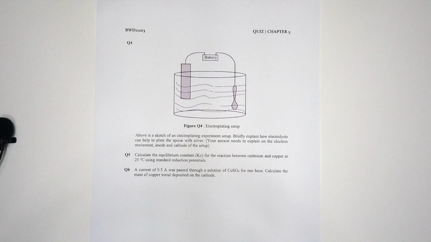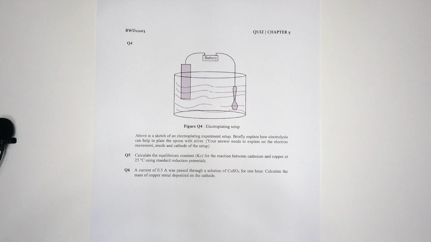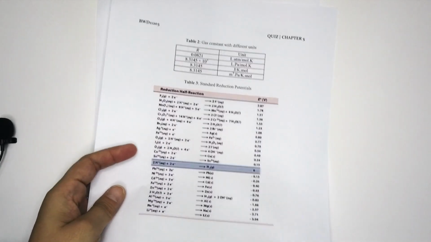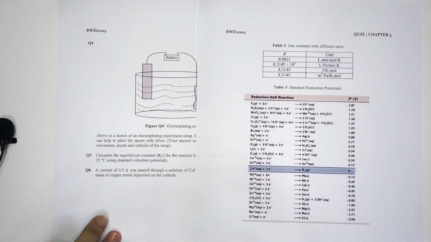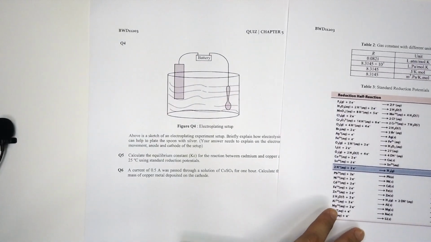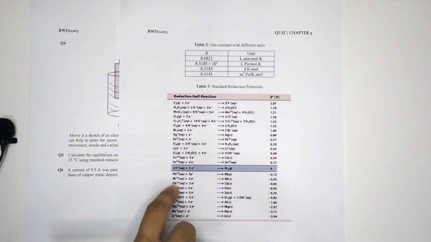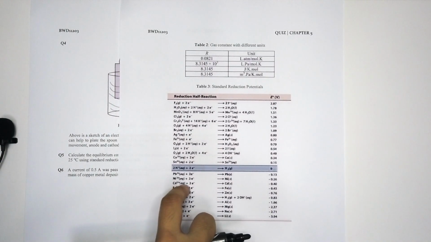Question number 5. Calculate the equilibrium constant Kc for the reaction between cadmium and copper at 25 degrees Celsius using standard reduction potential. So the same thing goes, you need to look at the standard reduction potential. This is the table. What you're going to look at is cadmium and also copper.